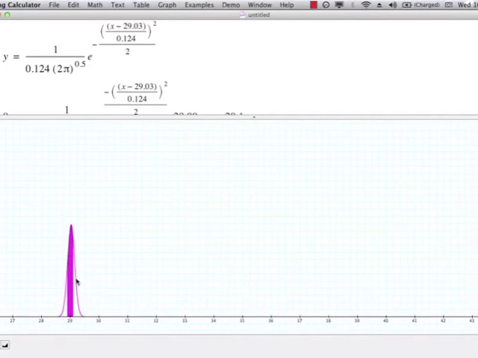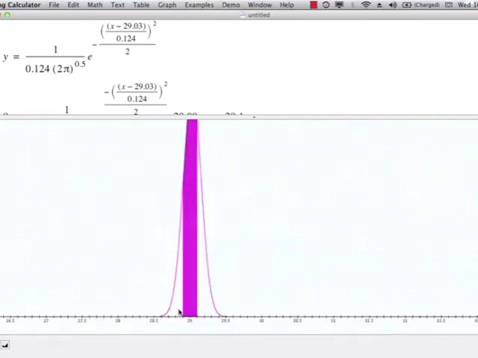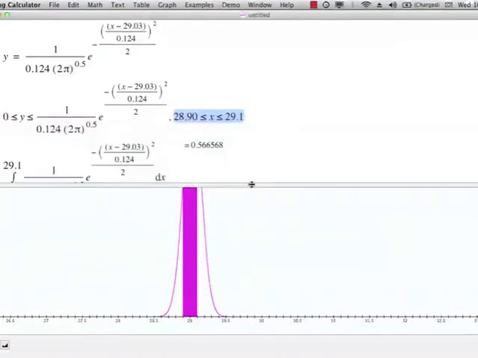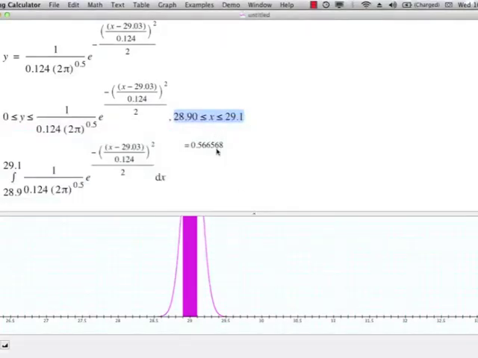The inflection point is where the second derivative equals 0. And the area under the curve should equal 1. If you want to figure out how many of your data points are going to fall within a certain region of your numbers, you take the integral of that numerically from the beginning of your region to the end of your region, and it tells you what percentage is going to be in that region. And so that is done.